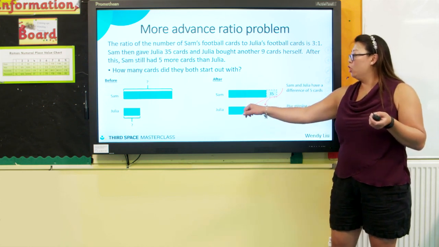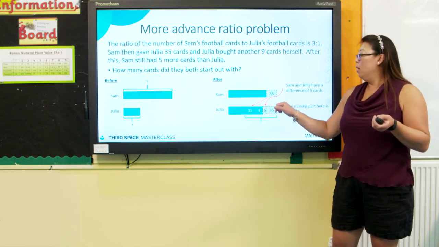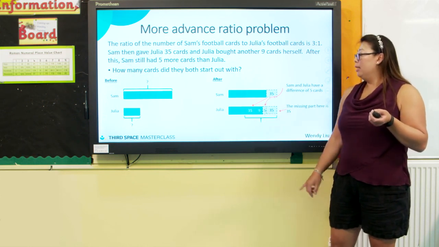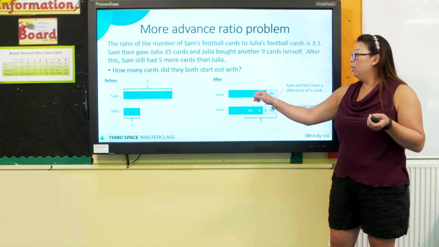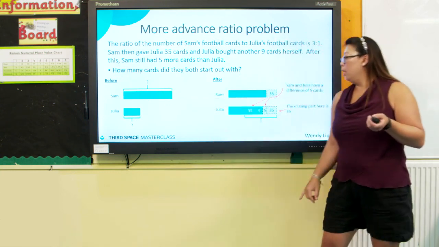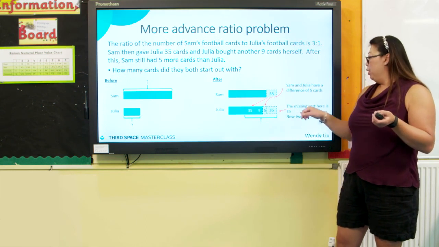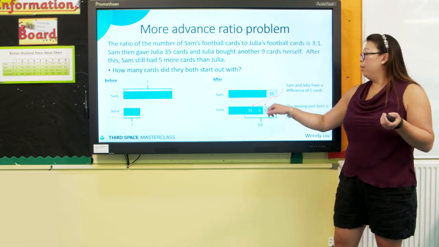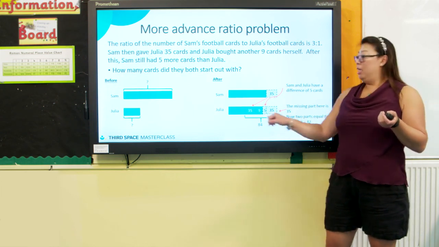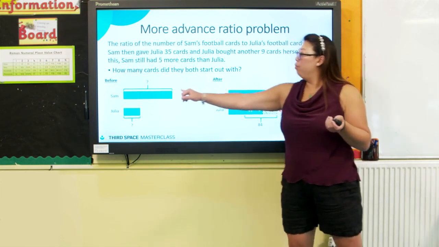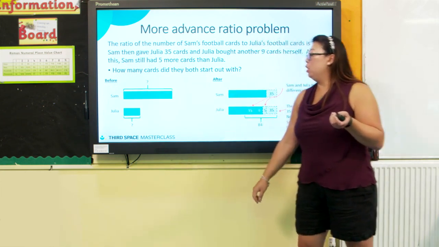Now we can see that the total of this part here, with all the known values now, is the same as 2 equal parts, the original 2 equal parts. So this totals 84. We know that there are 2 parts there, so each part would be worth 42 cards. So each original part is worth 42 cards.